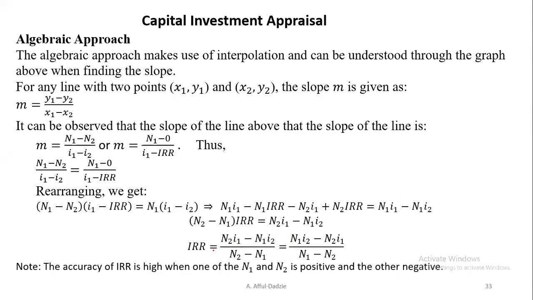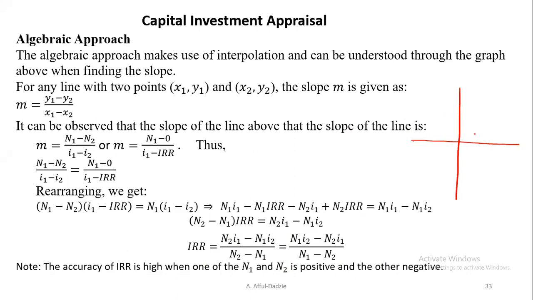Now it says the accuracy of the IRR is high when one of N1 and N2 is positive and the other is negative. This is normally the case when you have, for instance, a graph that looks like this.